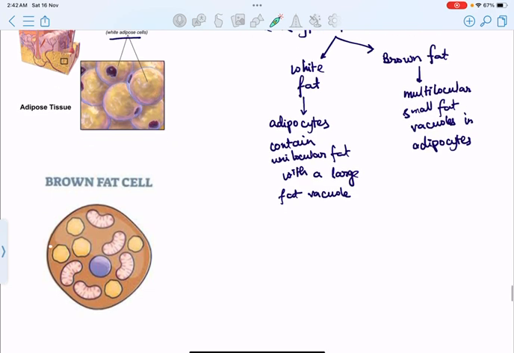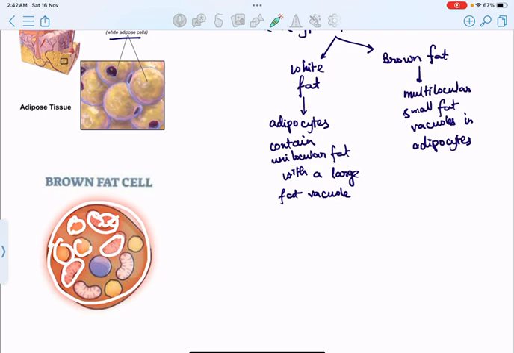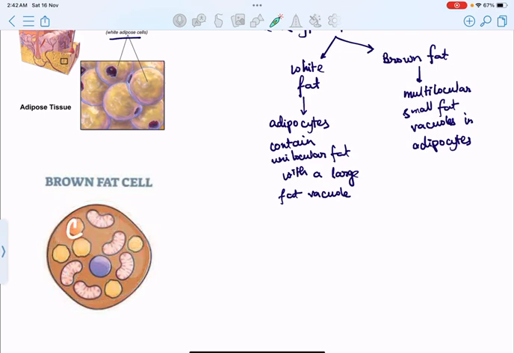Now if we move down, we can see that this is a complete adipocyte and there are multilocular fats present. This is the mitochondria, these are mitochondria, and these are the fats which are present, small yellowish circles. So small fat vacuoles in adipocytes.